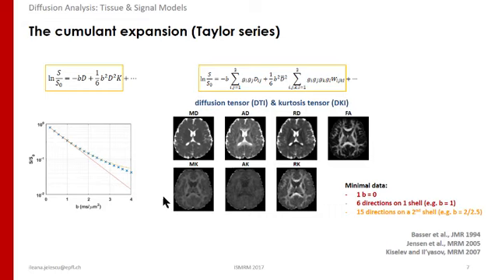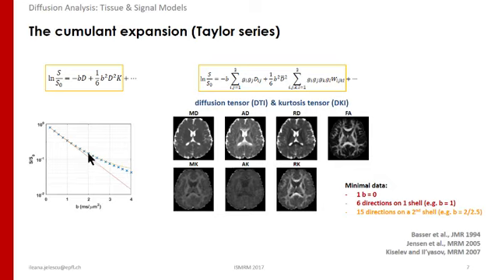Now, if you push this one order further, this is DKI, or diffusion kurtosis imaging. So now you're approximating the signal with a second order polynomial. You can go up to maybe a bit higher b values, typically b2000 or b2500.